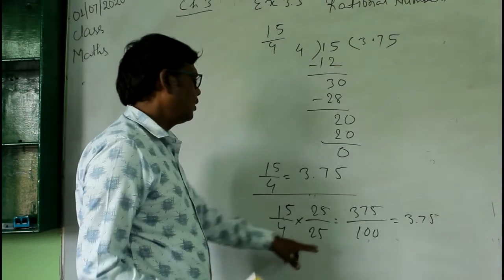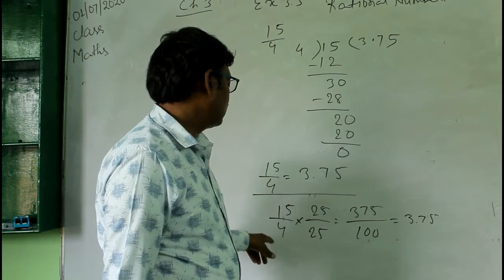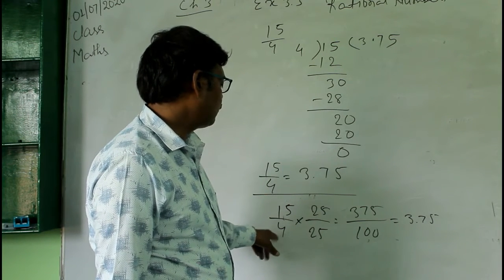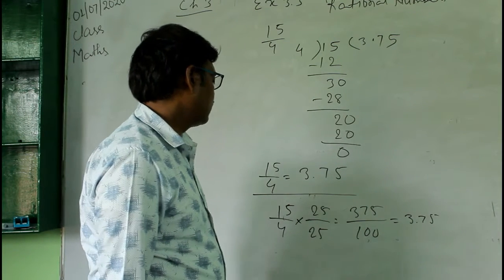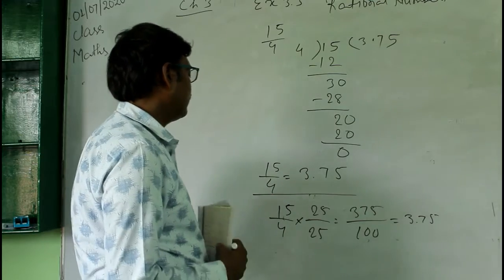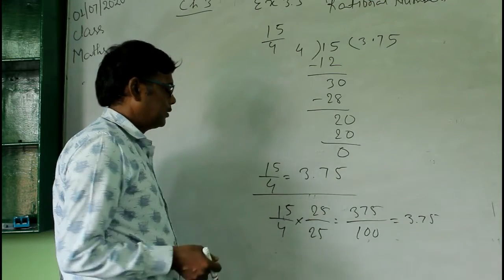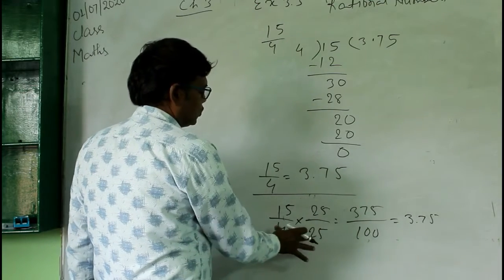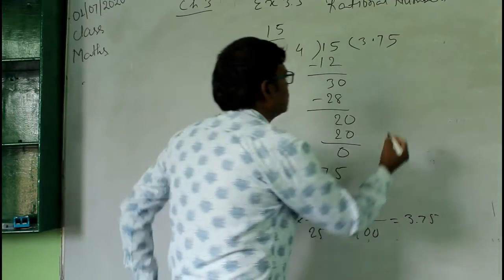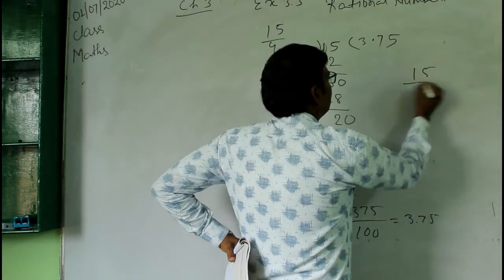This method will work only when you have a denominator like 4 or 8, it is easy. But it will not work when you have other numbers like 3 or 6. That is, suppose it is 15 by 4.